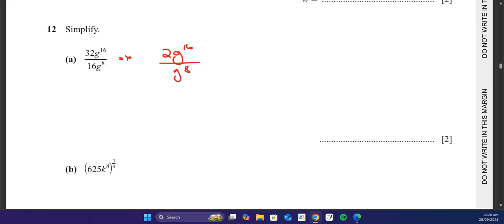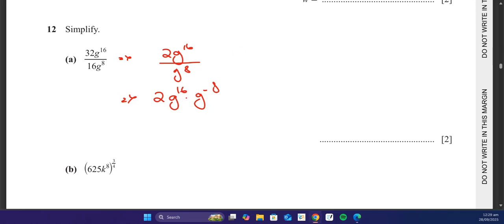Okay, now let's bring the numerator up. So when you bring it up, the positive 8 becomes negative. Okay, and it would be multiplied. So when powers are multiplied, they are added. So g multiplied by g^-8 and g^16. Make sense?